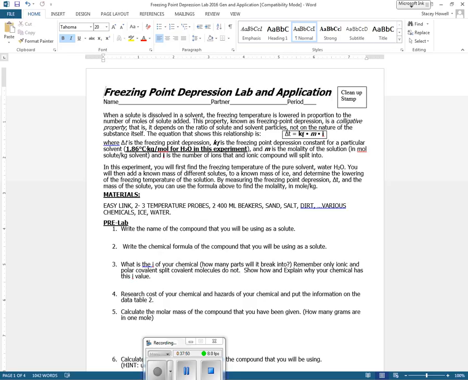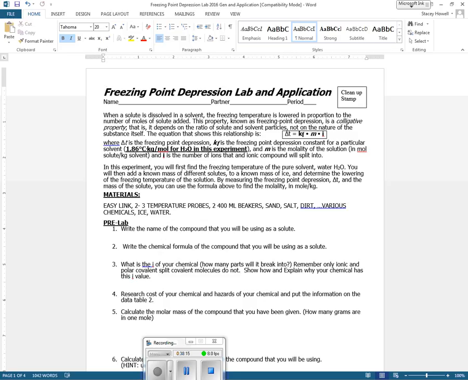The equation that shows this relationship is delta T equals Kf m i, where delta T is the freezing point depression, Kf is the freezing point depression constant for a particular solvent, m is the molality of the solution, and i is the number of ions that an ionic compound will split into.